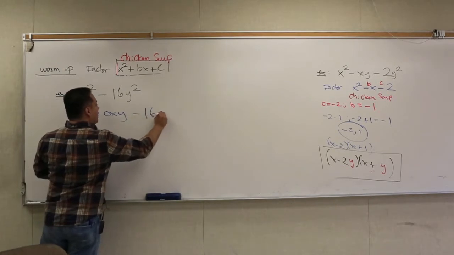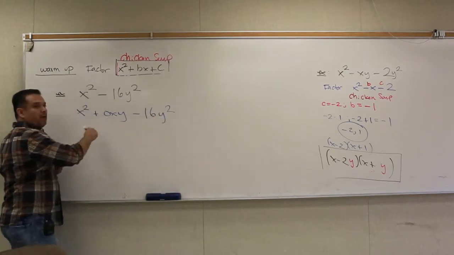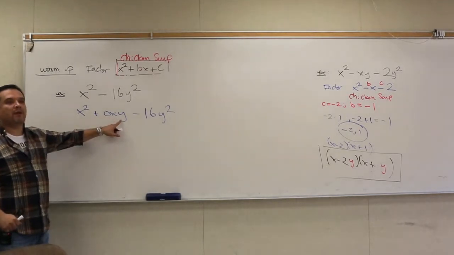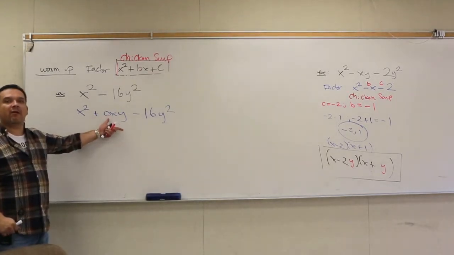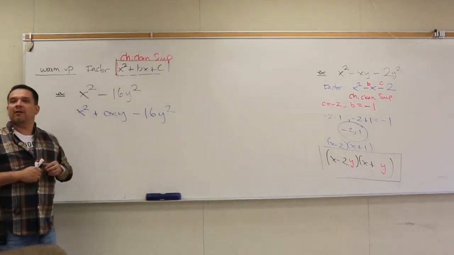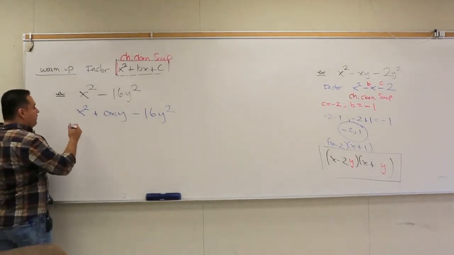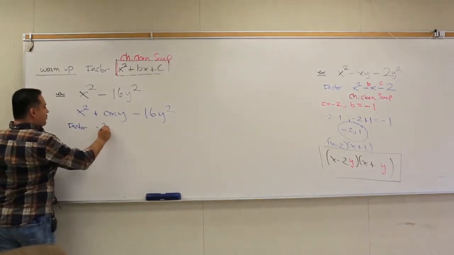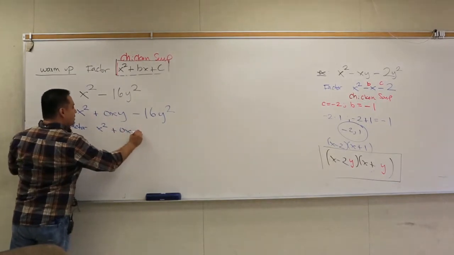Here's a ghost. It's real. 0 times x times y is really what? 0. So it's not even there. Do you guys notice the symmetry? Okay, if you notice the symmetry, what do you factor again? You're going to factor x squared plus 0x minus 16.